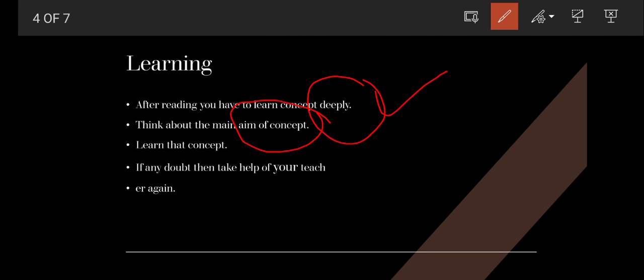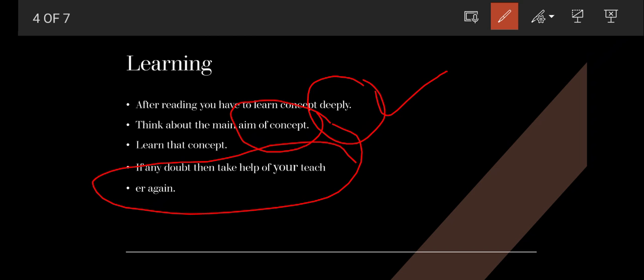For example, if there is Newton's law, you have to remember what Newton is saying to you, which formula he is sharing, how to write that formula in the exam, and how to apply it for an example. So we should know the aim of the concept. Next, learn that concept. Then if there is any doubt in your mind, take the help of your teacher also. That one word is your teacher.